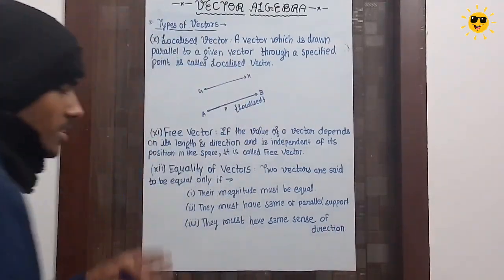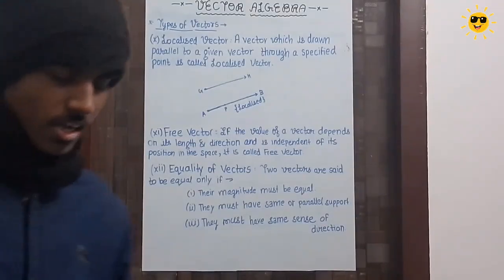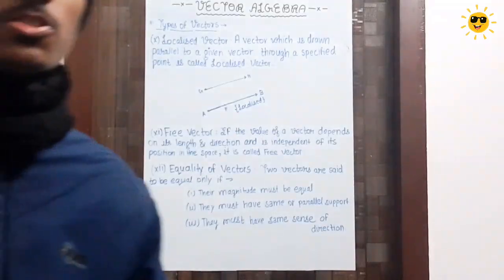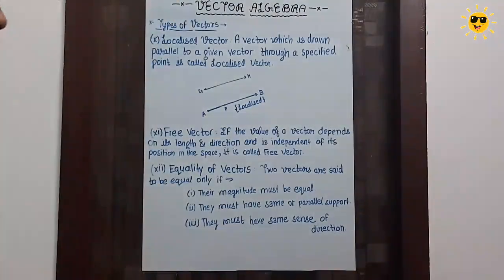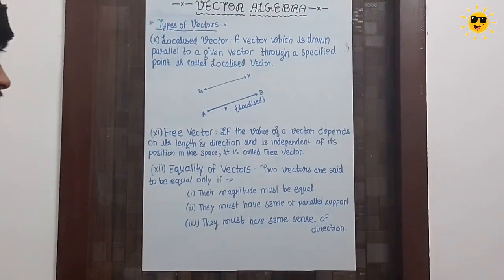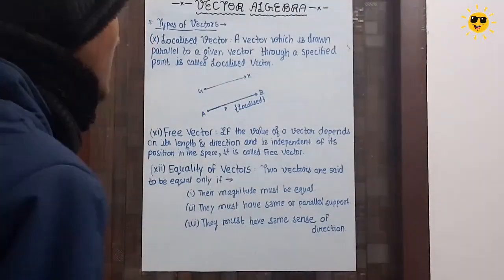Very easy. Two vectors are said to be equal when their magnitude is equal, when their supports are same or parallel, and their direction is also same. Then only can two vectors be equal.